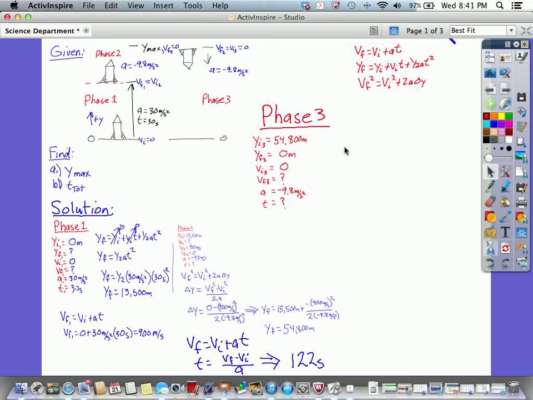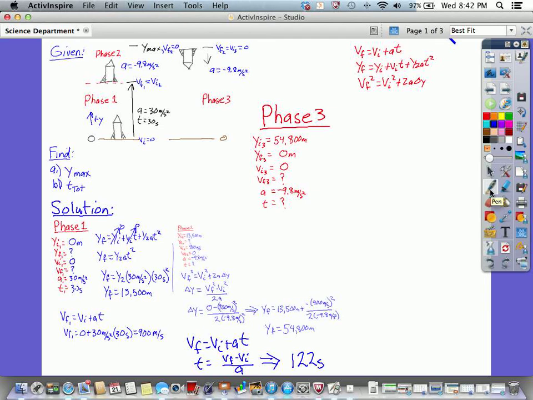Well, let's take a look. I don't know the final velocity, and I don't really need it for this problem, the instant before it hits the ground. First equation, v final equals v initial plus acceleration times time. I don't know v final. Second one, y final equals y initial plus v initial times time plus 1/2 at squared.